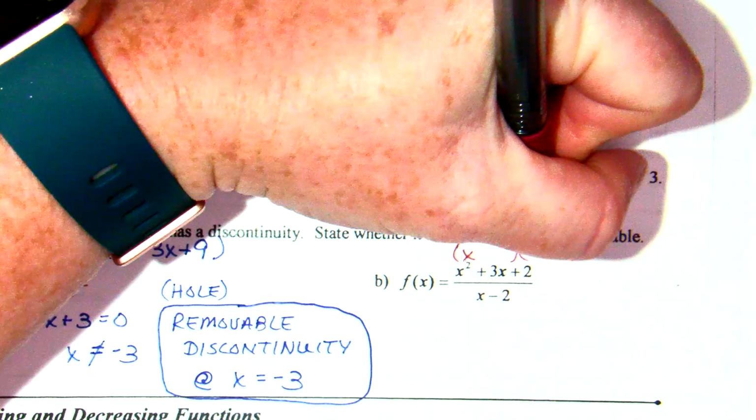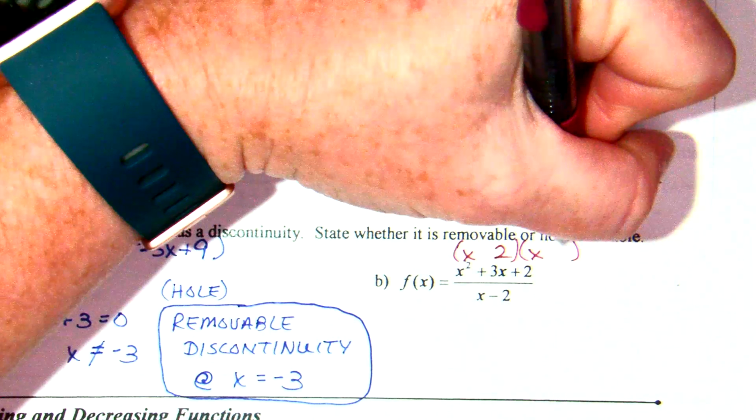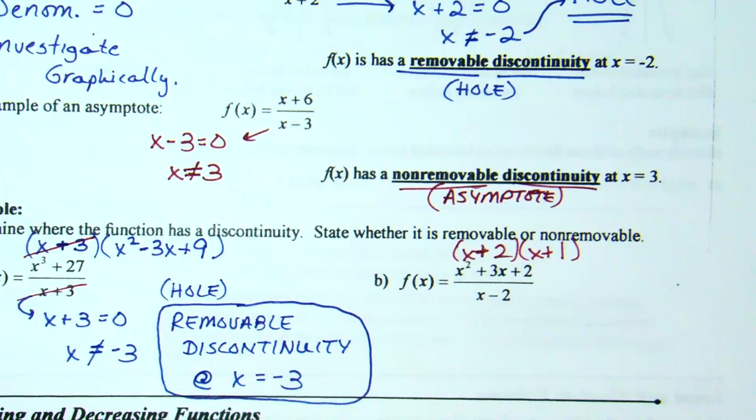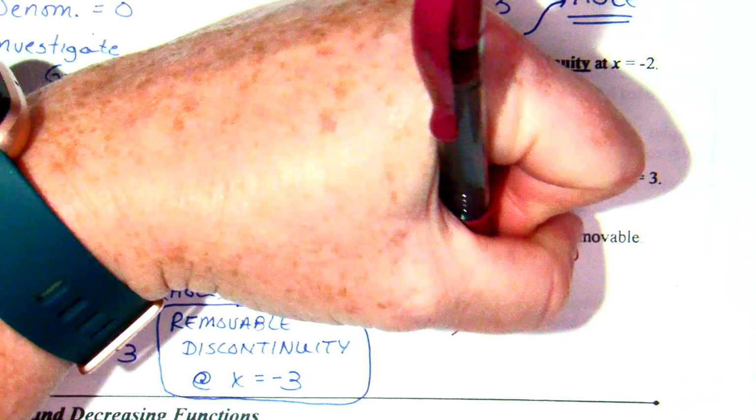Let's look at B. Does that numerator factor on B? It does. x squared is x and x. What multiplies to be 2 and adds to be 3? 2 and 1, plus and plus. Do any factors cancel? No. I have an x minus 2. Do I have an x minus 2 on top? No. Set your denominator, what? Equal to 0.